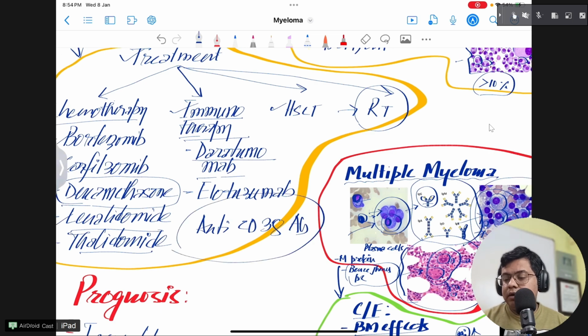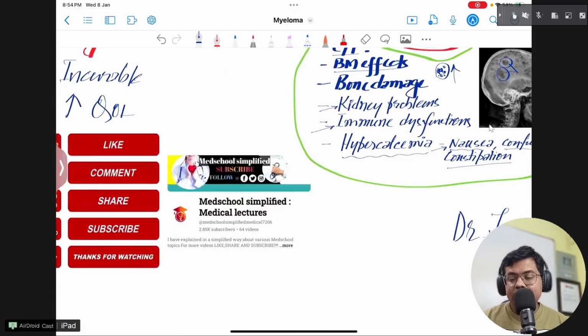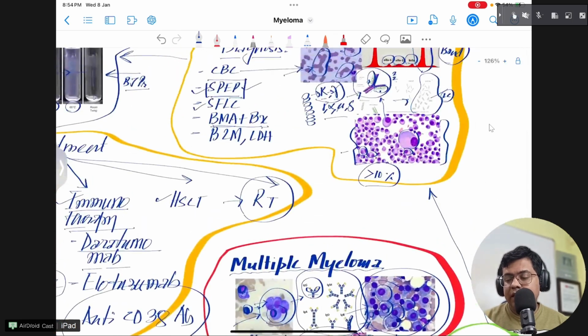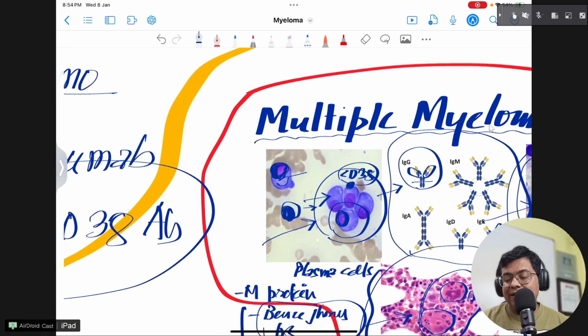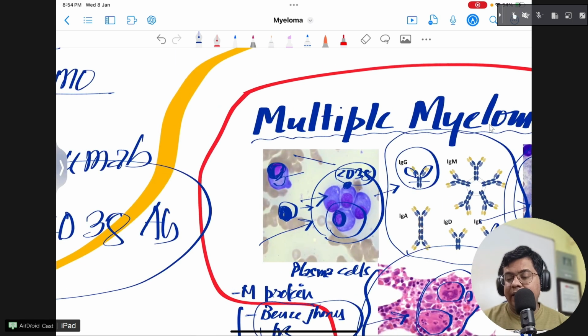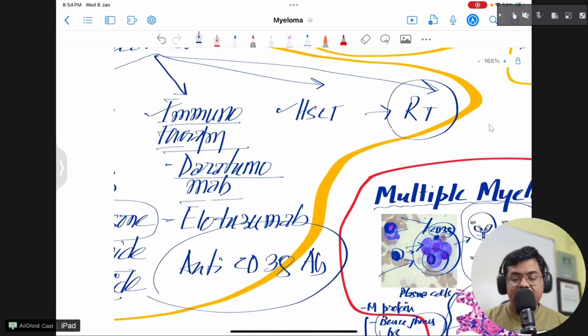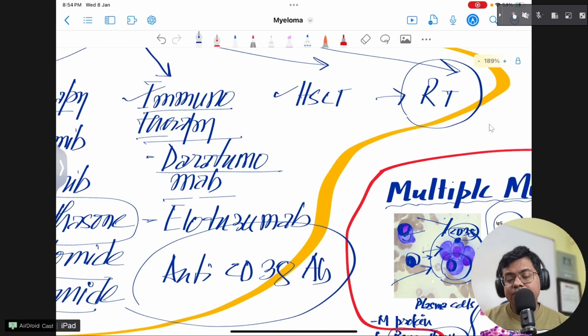As we know, the myeloma cells express the CD38 molecule on the surface, and daratumumab will attack this CD38 molecule. So this is one kind of immunotherapy.